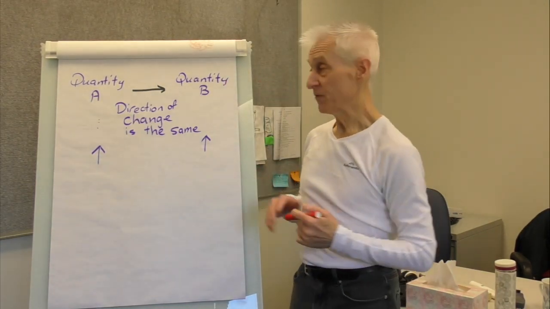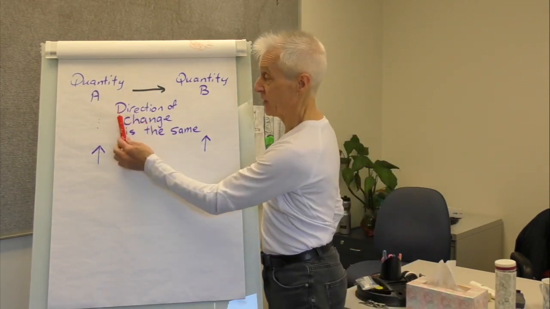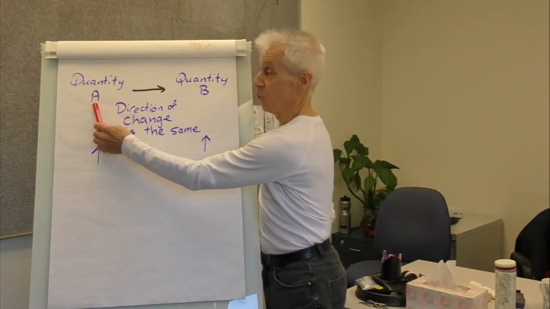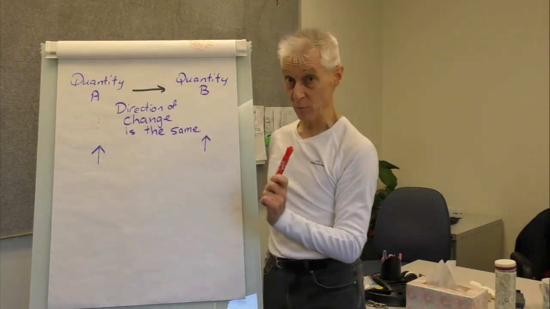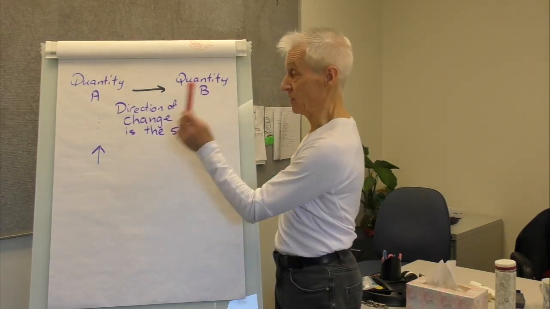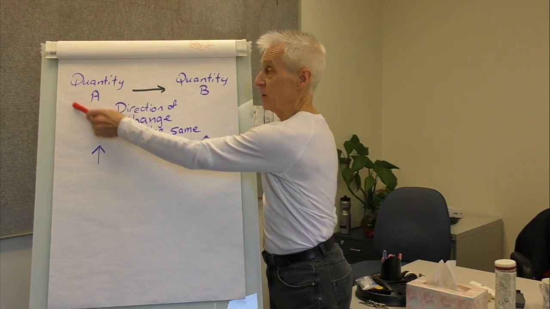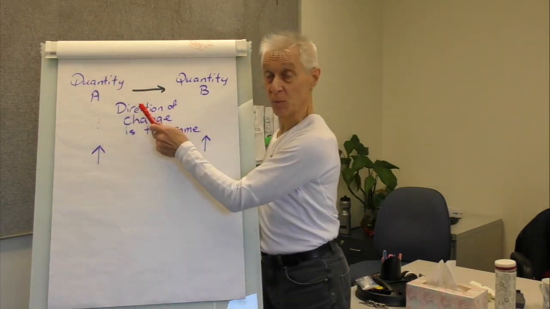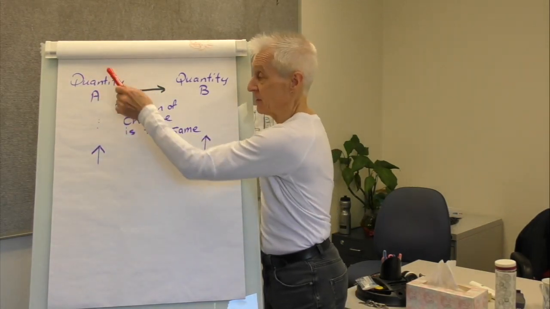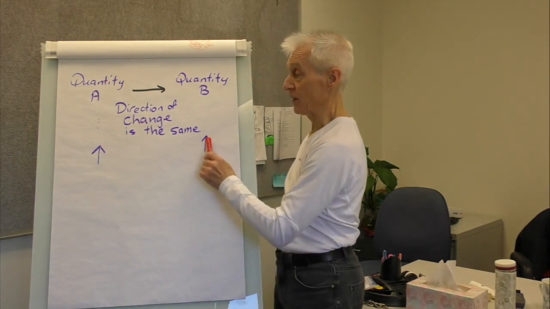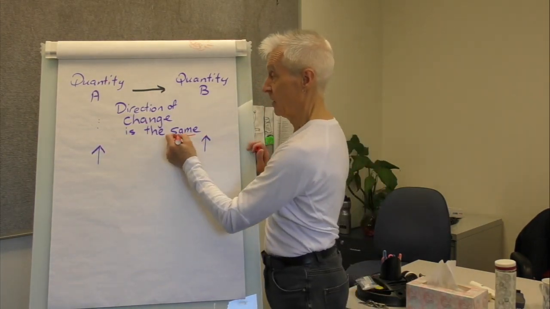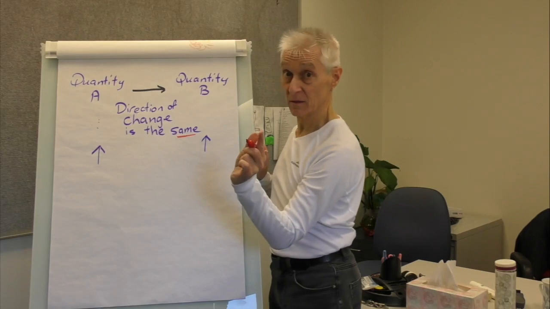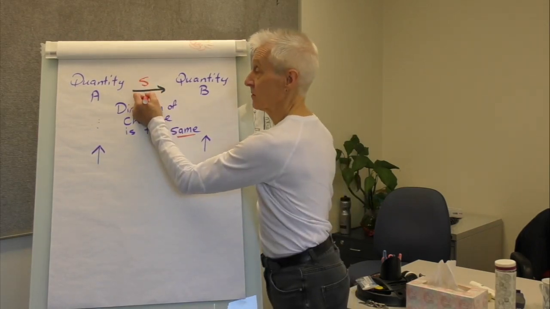So our first type of relationship is where the direction of change of the measurement of one quantity is the same as the direction of change of this one. So if this one, whatever metric we're applying to this, whatever we're measuring this in, increases, this one will also increase. And we indicate that either with an S or a plus.